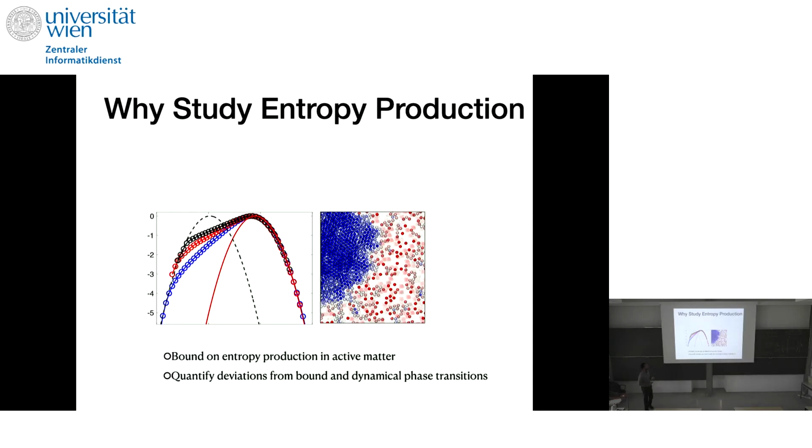And we can interpret the deviations from the bound physically: they'll be dynamical phase transitions, and we can study those as well. And then I'll show control forces that give rise to some of these dynamical phases.